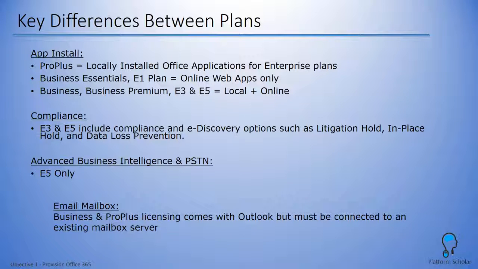E3 and E5 give you compliance and rights management features. Only E5 gives you advanced business intelligence and PSTN integration. Since Pro Plus and Business do not come with a mailbox, you must connect Outlook to an existing email account. Also remember that an organization is limited to only 300 combined licenses of the Business tier.